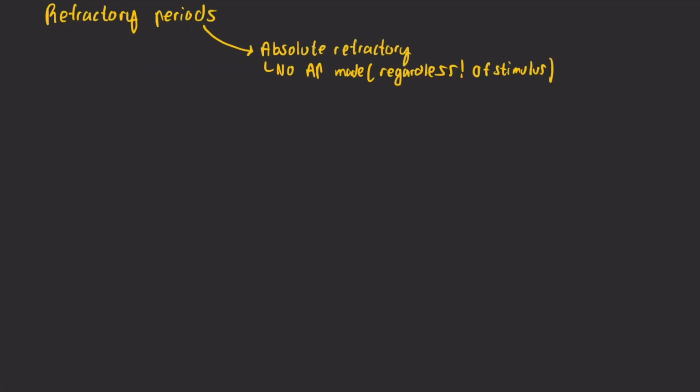Okay, so let us look at refractory periods. The first one that we are going to look at is the absolute refractory period. In the absolute refractory period, no action potential can be generated regardless of the size of the stimulus.